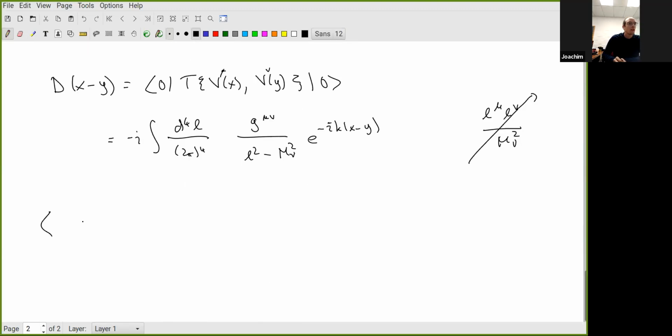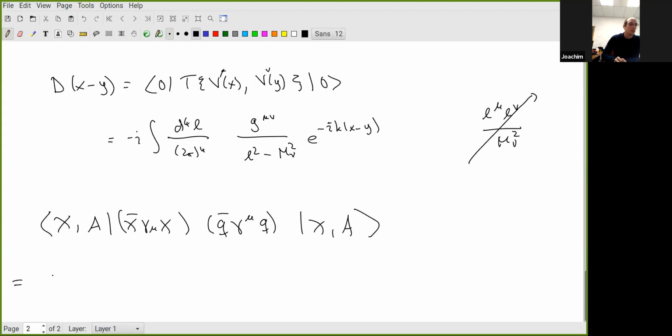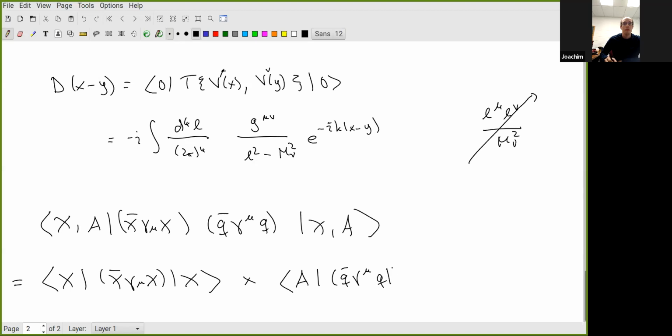So we can write, let me use an abbreviated notation here, chi bar gamma mu chi times q bar gamma mu q. We can write this as chi out, chi bar gamma mu chi, chi in, times nucleus out, the quark currents, and the nucleus in.